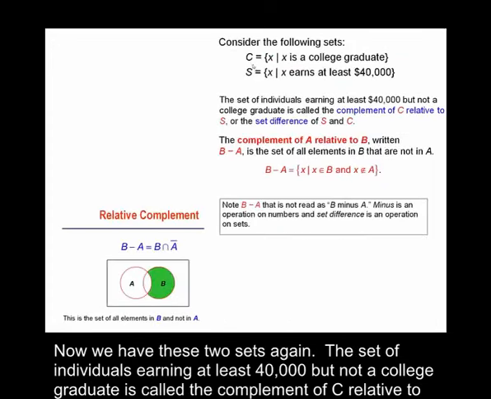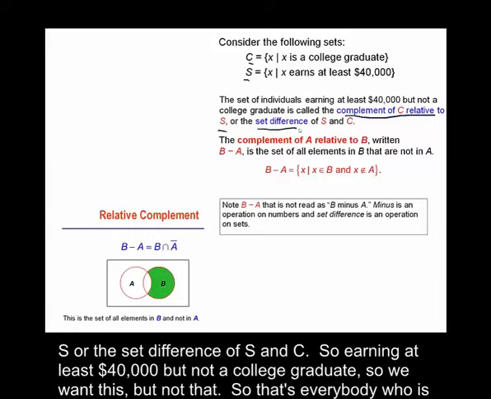Now we have these two sets again. The set of individuals earning at least $40,000 but not a college graduate is called the complement of C relative to S, or the set difference of S and C. So earning at least $40,000 but not a college graduate. So we want this, but not that.